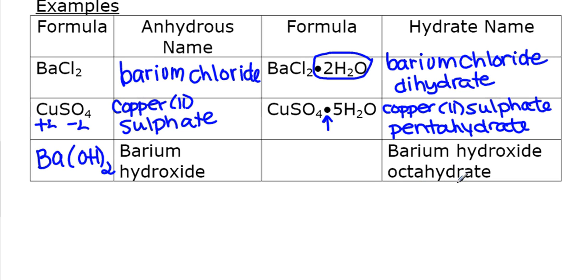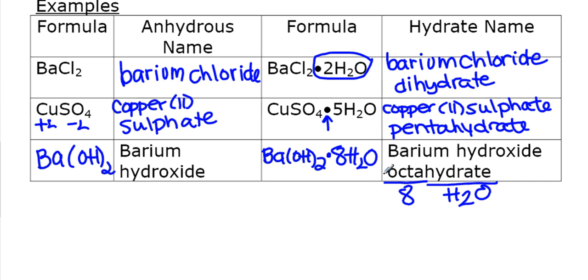Octahydrate, octa is for 8, and when you see hydrate, you think water. So the formula, Ba(OH)2, put that nice dot in there, and add H2O, and make sure you have the 8 in there for 8 of them. And that's how you name hydrates.